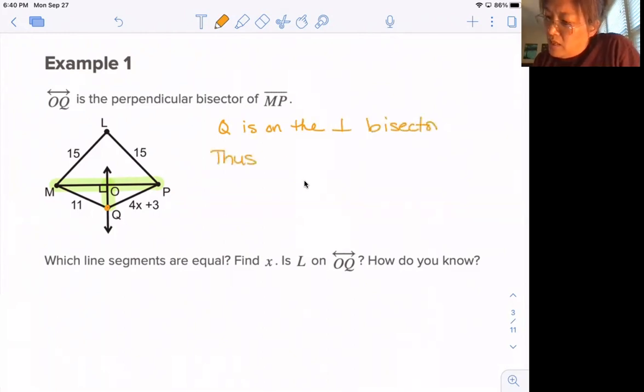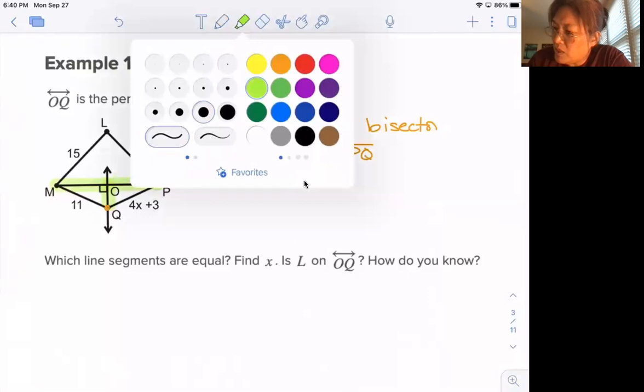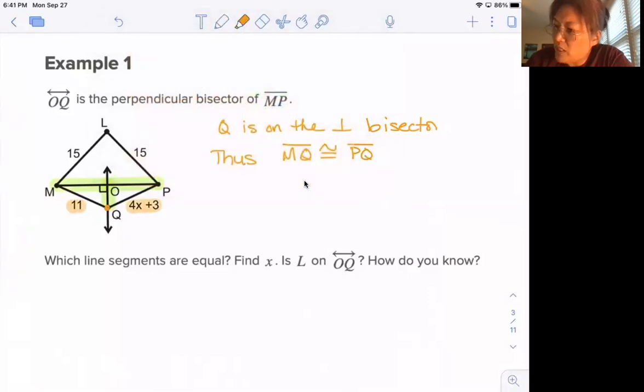Thus, MQ is congruent to PQ. Now we can find X because these two things are the same. 11 and 4X plus 3 boils down to a single variable equation again. 11 equals 4X plus 3.